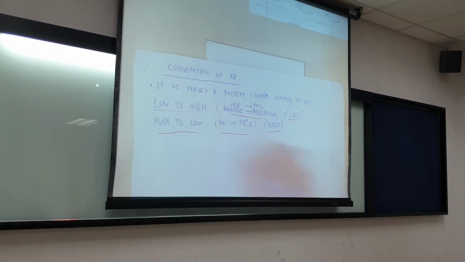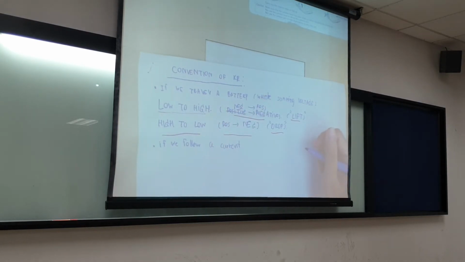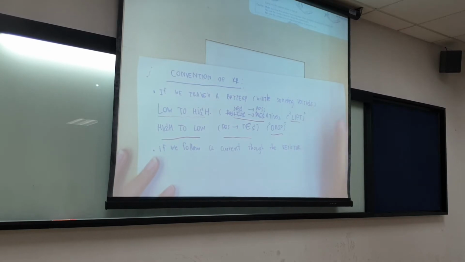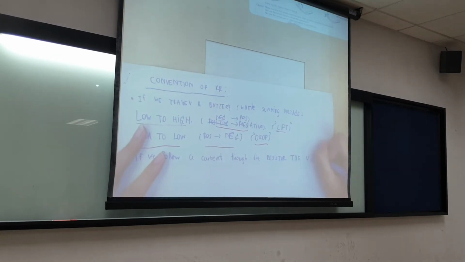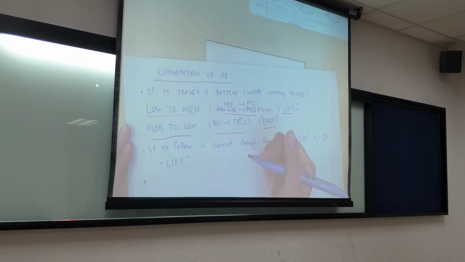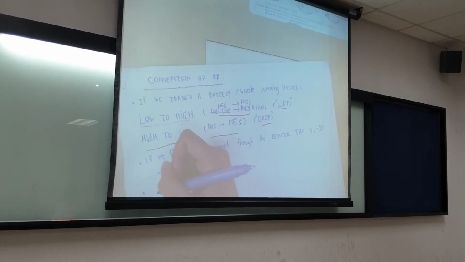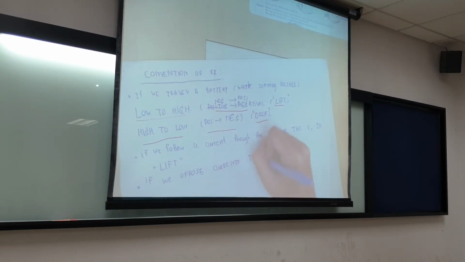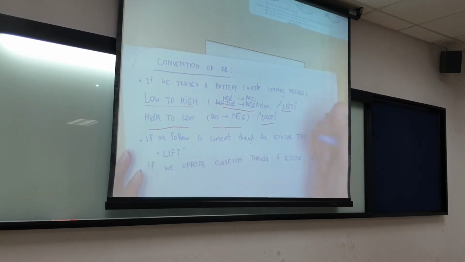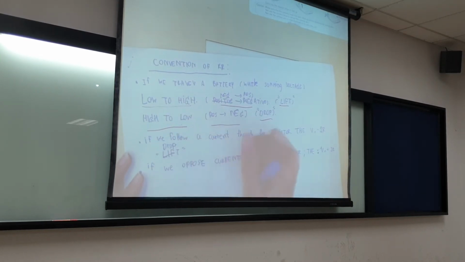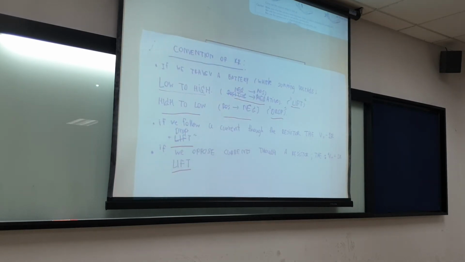If you travel in the direction of the current through the resistor, then the voltage across the resistor is treated as negative I times R, a voltage drop. If you travel against the current, then the voltage across the resistor is treated as positive I times R, a voltage lift. So with the current, negative IR is a drop, and against the current, positive IR is a lift.